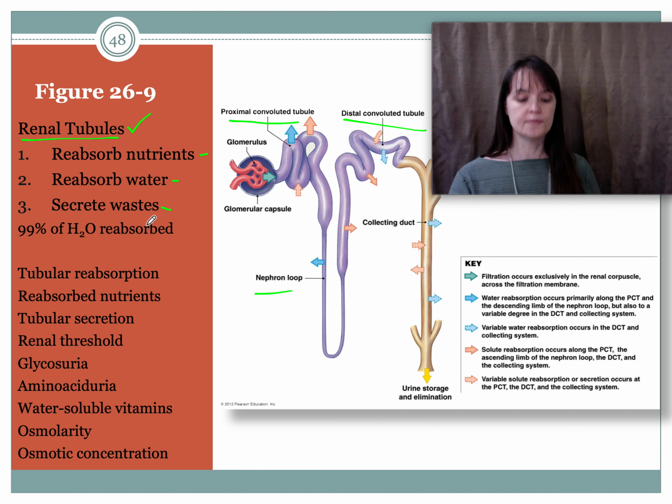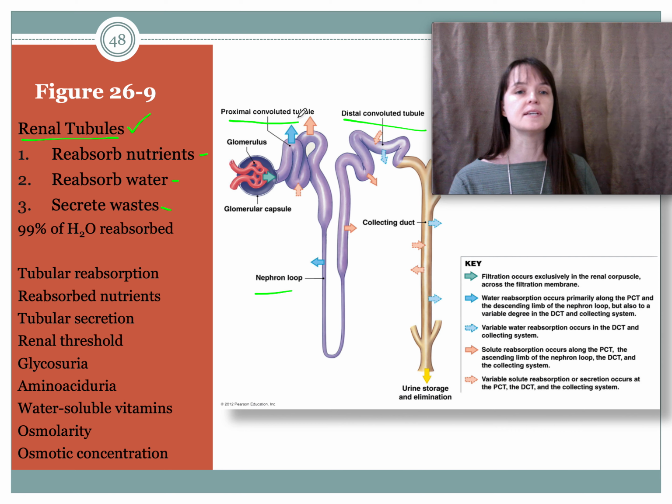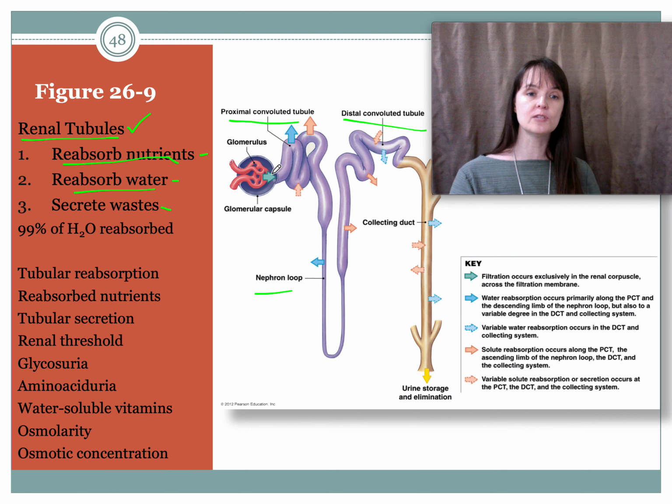But as we'll find, which is probably in the next page of the note set, so I'm probably getting ahead of myself, you need to know the proximal convoluted tubule does the bulk of the reabsorption. It reabsorbs a bunch of nutrients and also the water. When I say reabsorb, once the fluid has been squished into the capsular space and it is now filtrate, that fluid is no longer quite considered part of you because it's no longer in your cells.